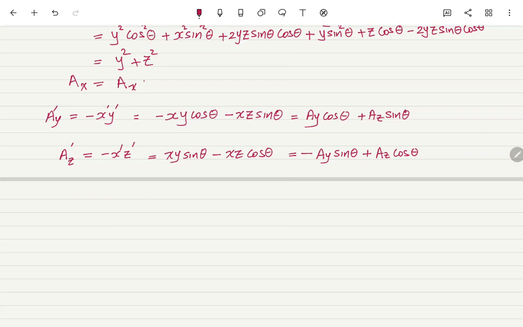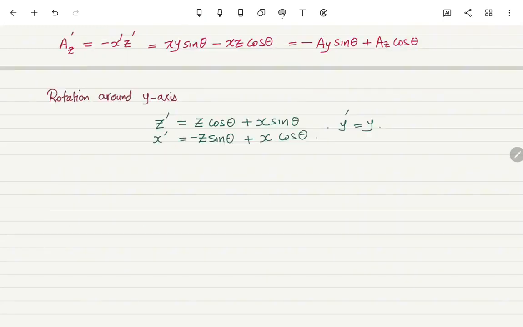So the second step is rotation around the y-axis. Now, these are the transformation rules around the y-axis, z prime and x prime.